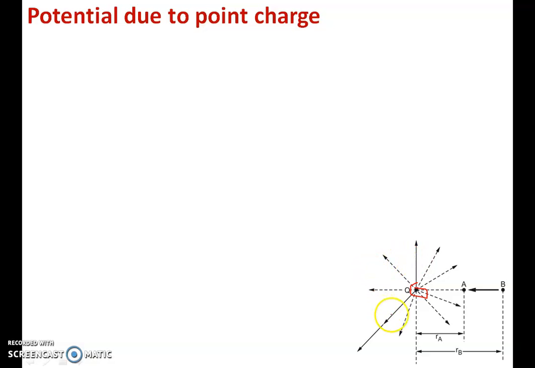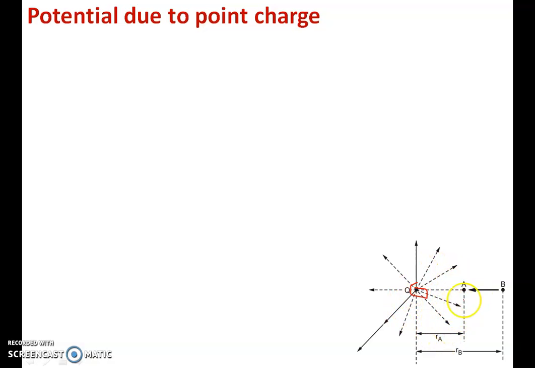So I am considering spherical coordinate system, and I want to find what is the potential due to this point charge at point A when I move a unit charge from point B to point A. What is the work done to move the unit charge from point B to point A due to the field produced from this point charge?